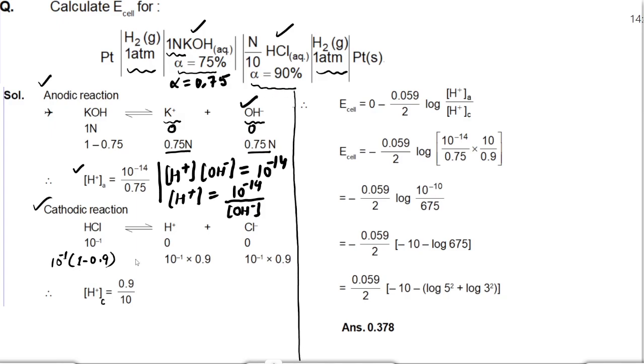For cathodic compartment, we have HCl that gives H plus and Cl negative, and its alpha is given as 90%. So now again we start, it is 1 N by 10. So 10 raised power minus 1, 0, 0 initially. So now it is 10 raised power minus 1 and 1 minus 0.9. See C1 minus alpha. So it is C alpha, C alpha.